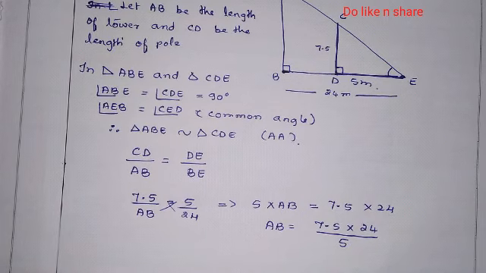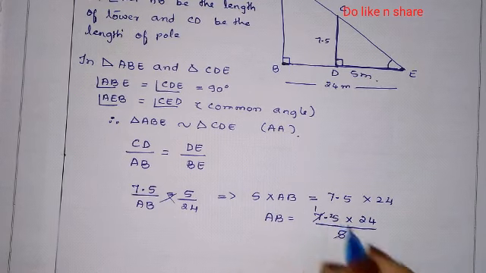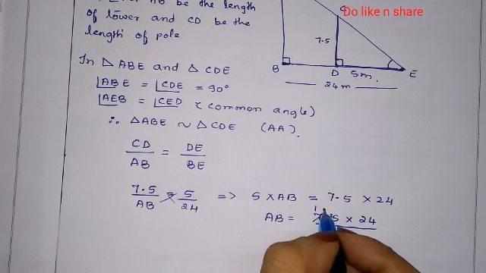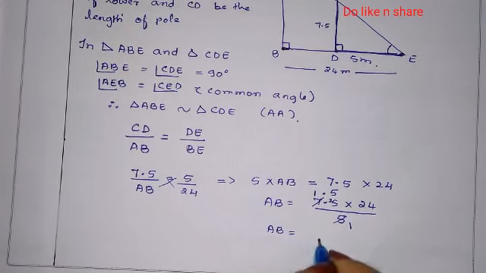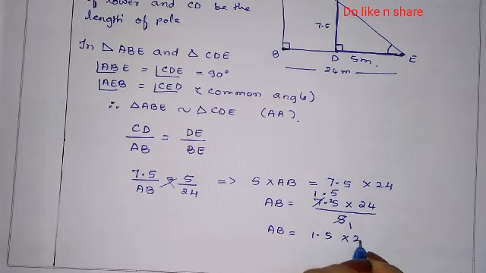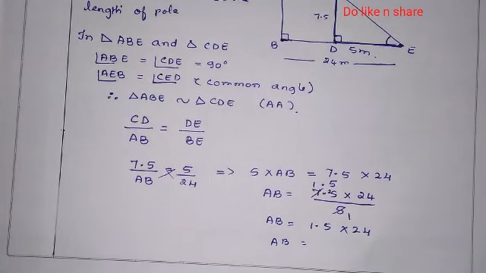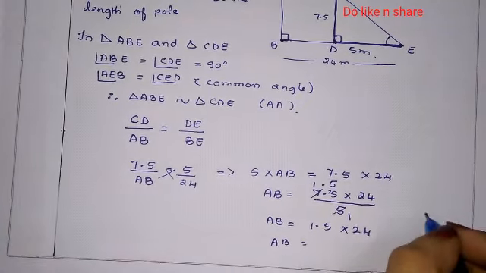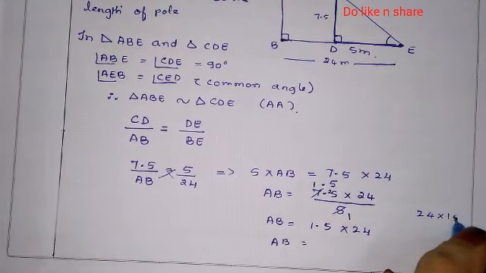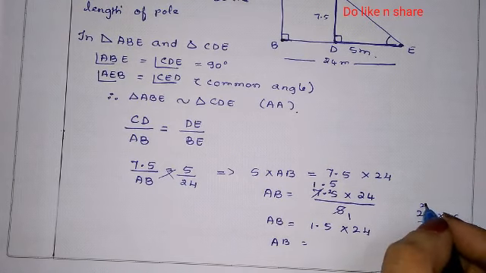So we can cancel this. How? 5 ones are 5, 5 5s are 25, so 1.5 we got. AB is equal to 1.5 into 24. Let me multiply and show you because it is decimal, right? So 24 into 15: 5 4s are 20, 5 2s are 10, 11, 12.